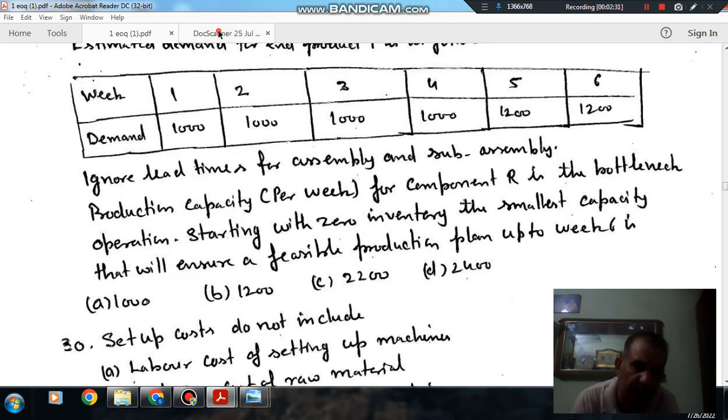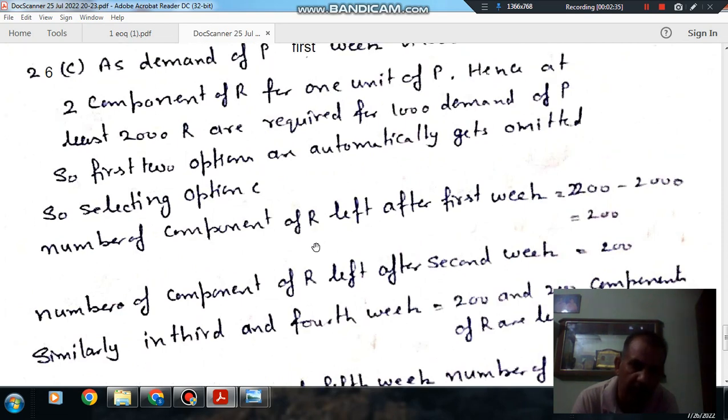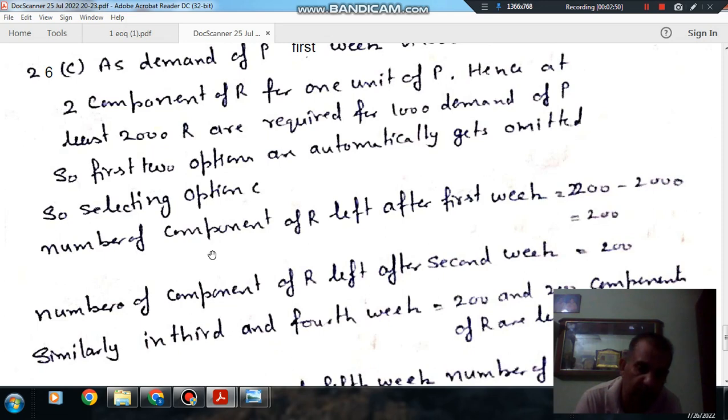So the number of components of R left after the first week is 2200 minus 2000, that is 200. Suppose we manufacture the same number of components throughout 6 weeks.